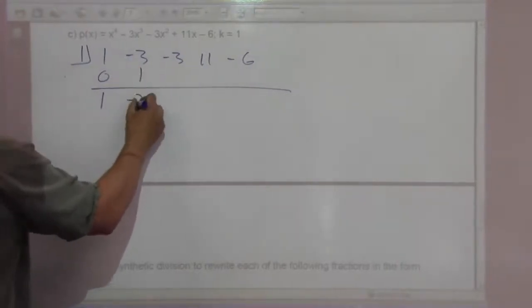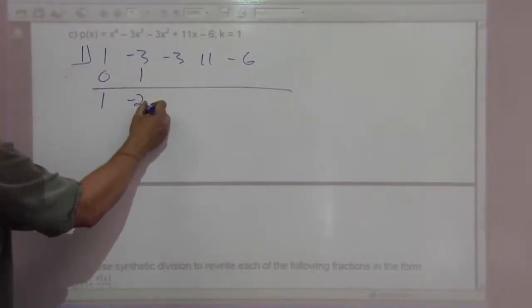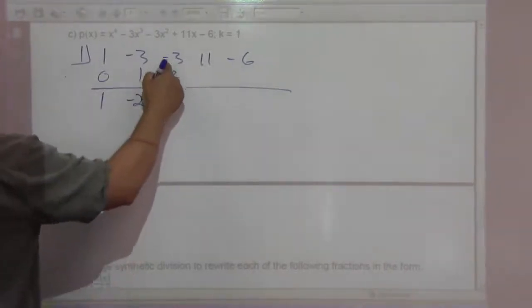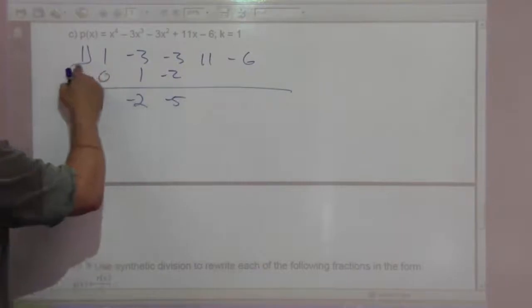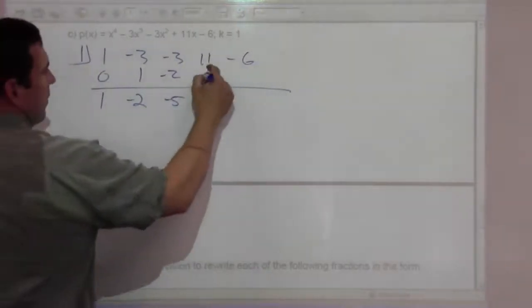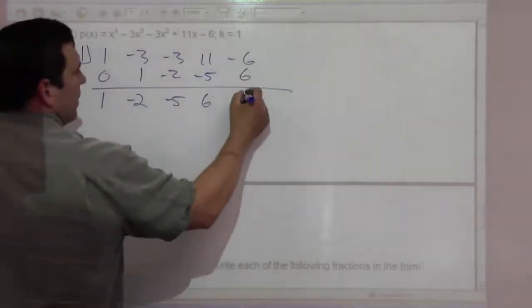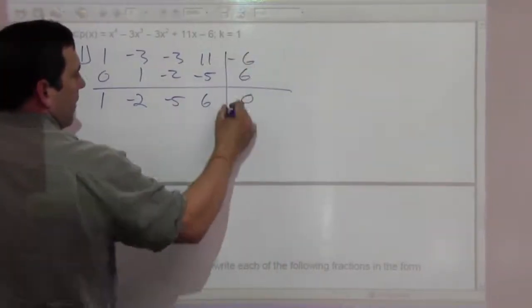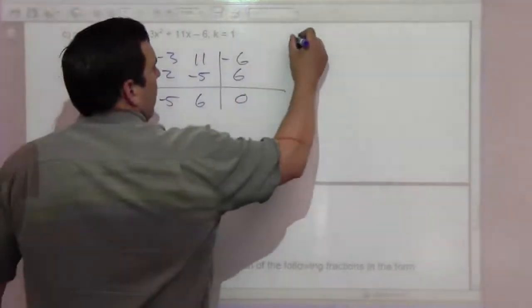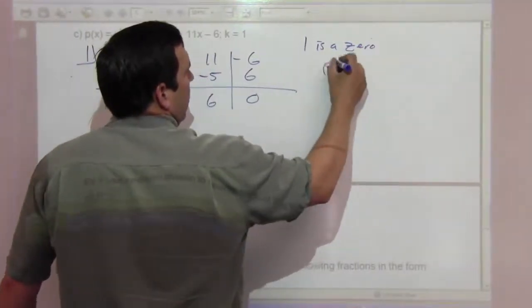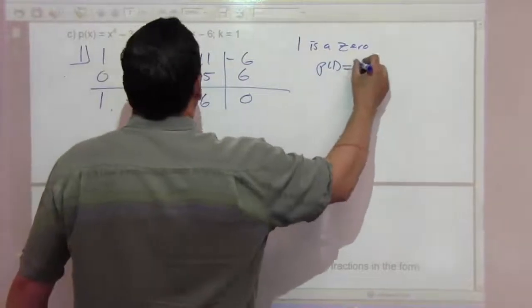Negative 3 and 1 is negative 2. 1 times negative 2 is negative 2. Negative 3, negative 2 is negative 5. 1 times negative 5 is negative 5. 11 and negative 5 is 6. 1 times 6 is 6. Negative 6 and 6 is 0. So 1 is a 0. p of 1 must be 0.